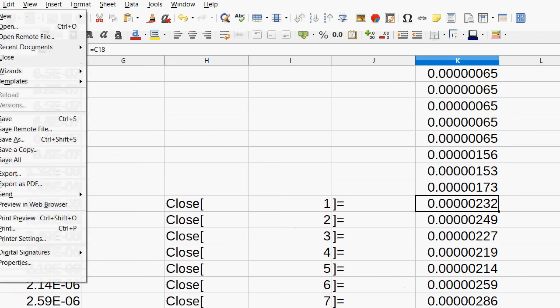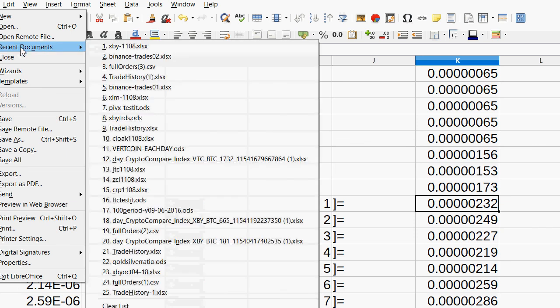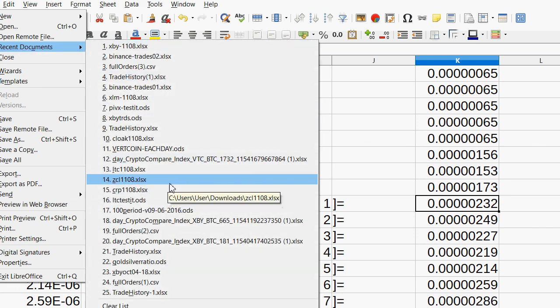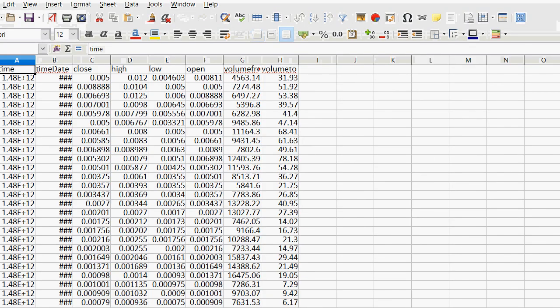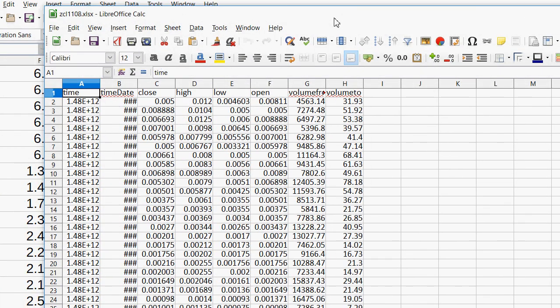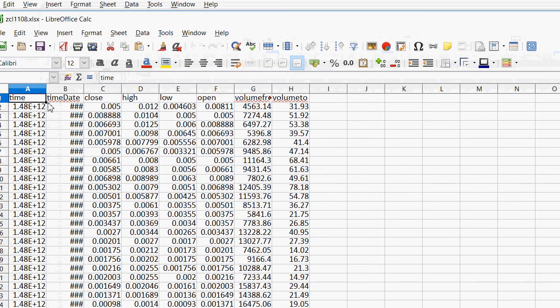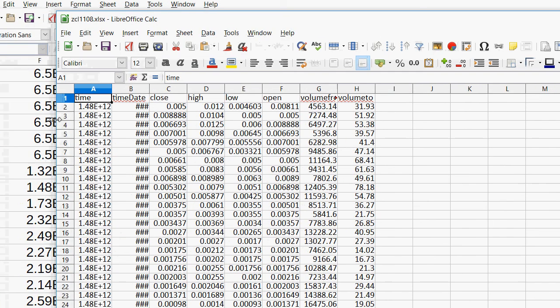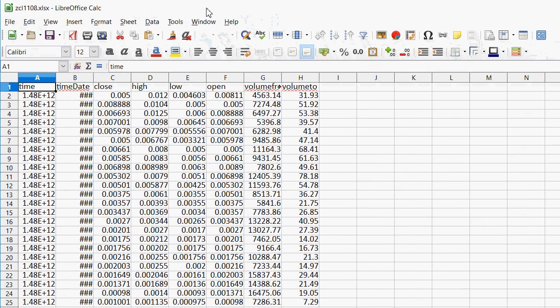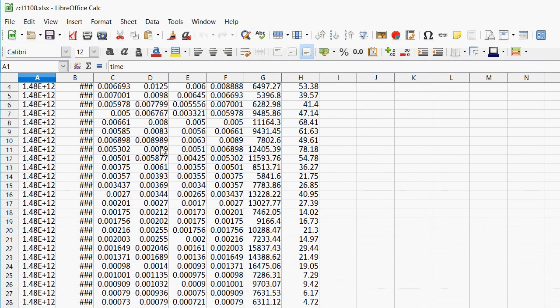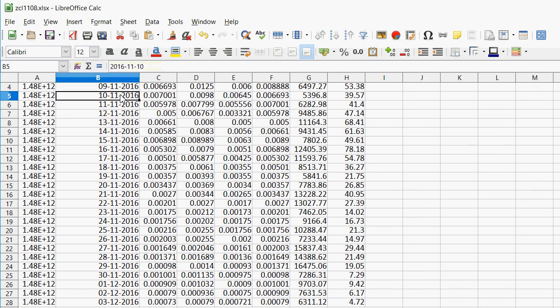So I can go into other coins, and I'm going to open another spreadsheet, like, say, ZCL. And here I have to check the highs and lows to make sure they're valid, because without that, those could be free orders. There's some iffy ones that I've seen before, especially on the earlier days, like 2016, especially 15, 16.